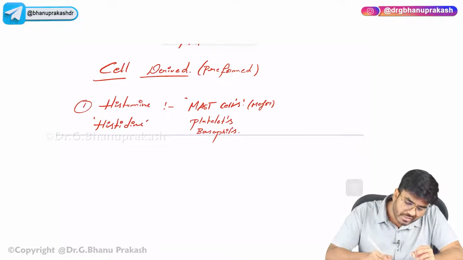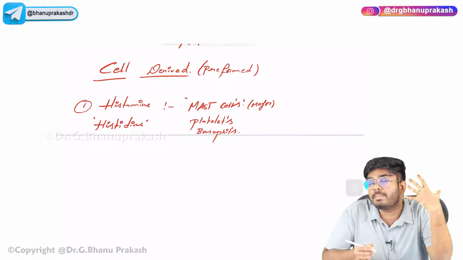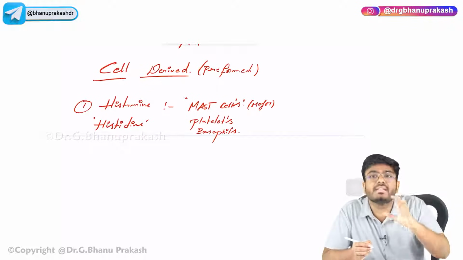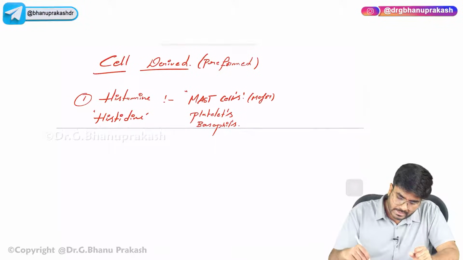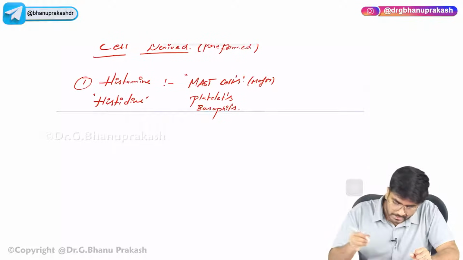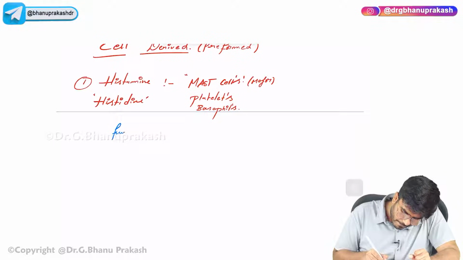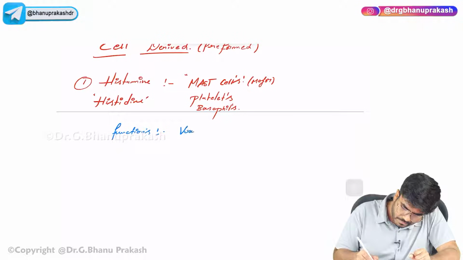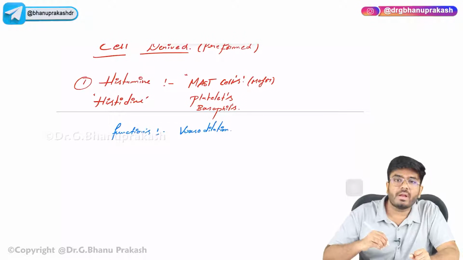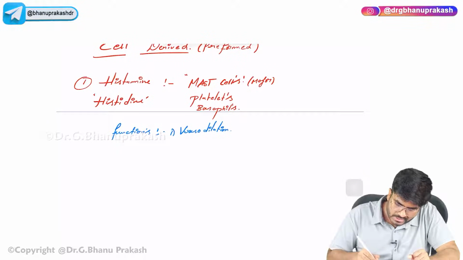What are the functions of histamine? How is it going to help mediate the process of inflammation? This histamine is a vasodilator. Functions: vasodilation. Apart from vasodilation, it also causes increased vascular permeability.